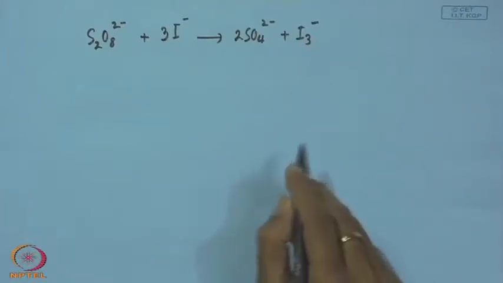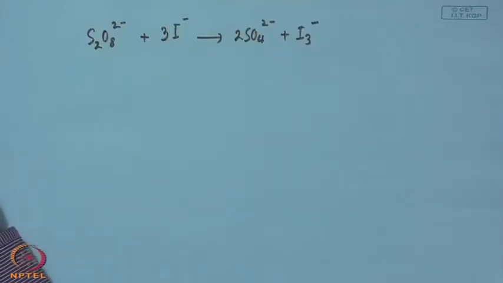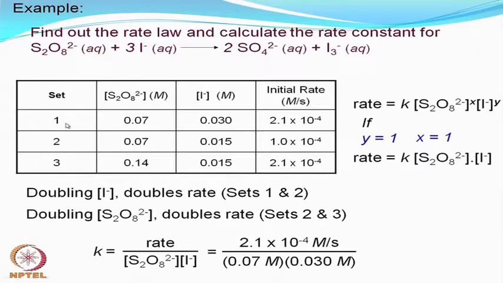So, if we look into the various sets, set 1 has persulfate at 0.07 molar and iodide at 0.03 and initial rate 2.1 into 10 to the power minus 4. For set 2 it is 0.07 for persulfate, 0.015 for iodide and 1 into 10 to the power minus 4 for initial rate.